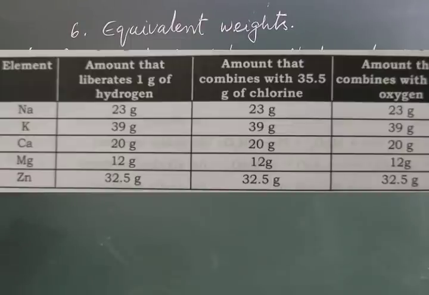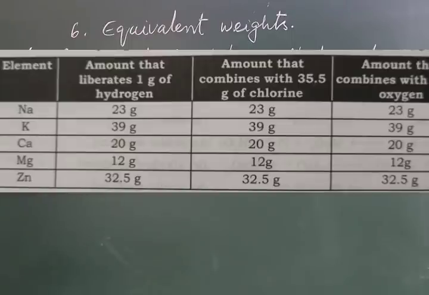In that book, you might have seen that the amount of sodium that liberates 1 gram of hydrogen is 23 grams. That is, 23 grams of sodium can liberate 1 gram of hydrogen, or 39 grams of potassium can liberate 1 gram of hydrogen, 20 grams of calcium can liberate 1 gram of hydrogen, or 12 grams of magnesium can liberate 1 gram of hydrogen, or 32.5 grams of zinc can liberate 1 gram of hydrogen.